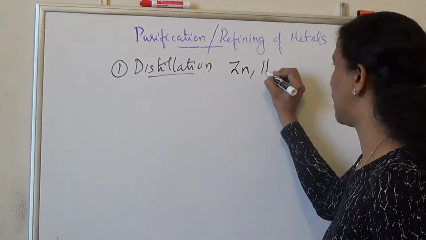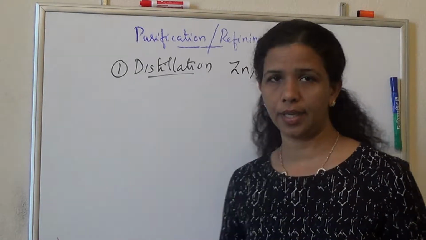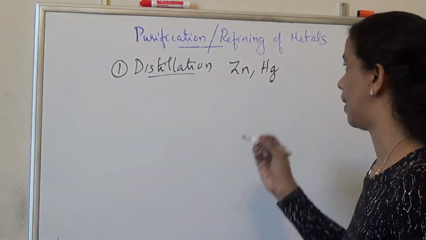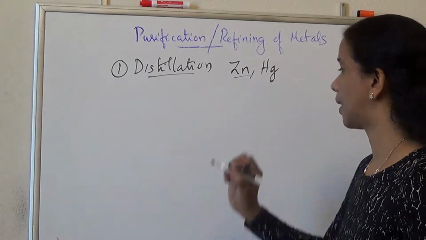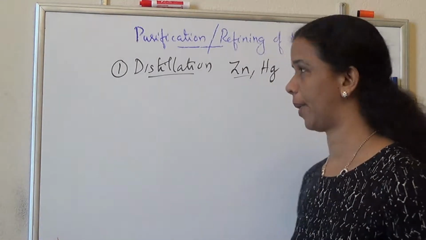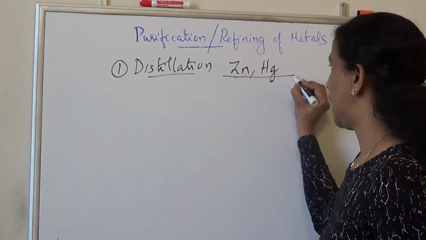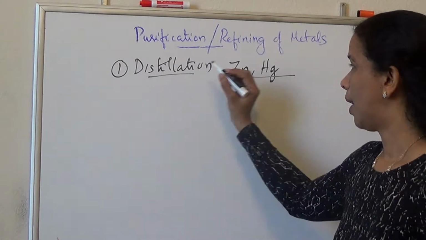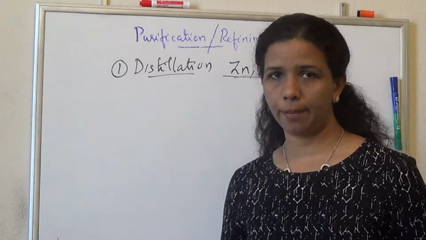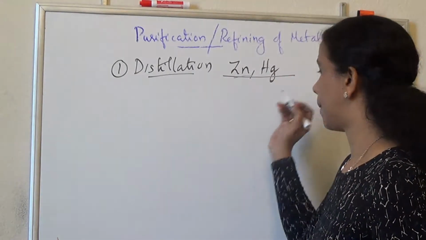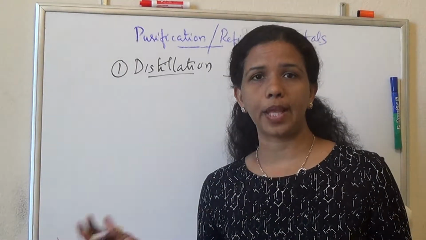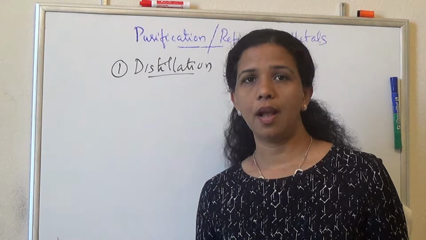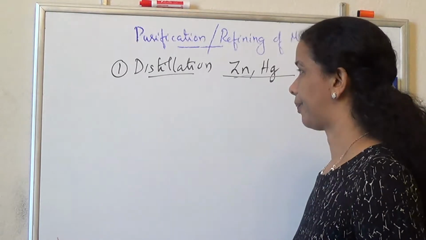Mercury is already in liquid form, so it has a very low boiling point, and zinc also has a low boiling point. At the same time, the impurities must have a higher boiling point.